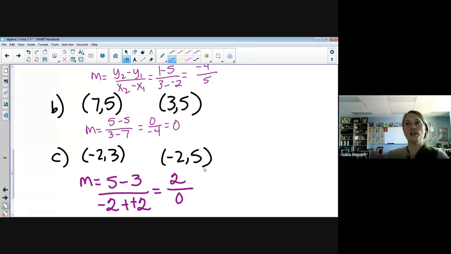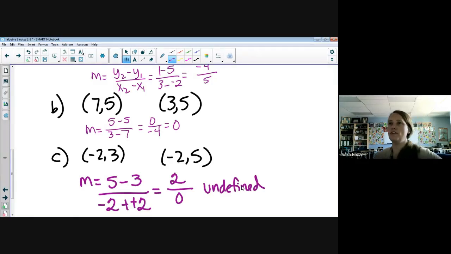All right. Can you divide by 0? No. If you're trying to divide by 0, we will always say, not going to work. That is going to be undefined. So if you get a 0 in the denominator, it is undefined.